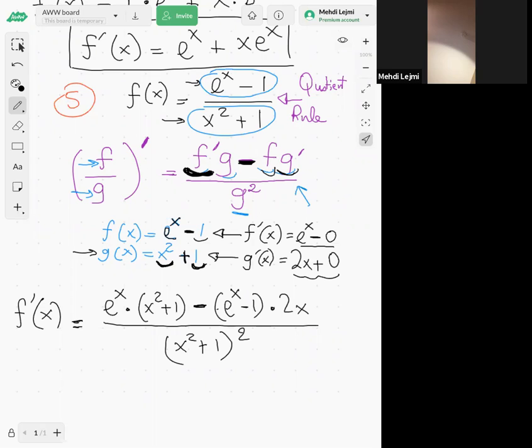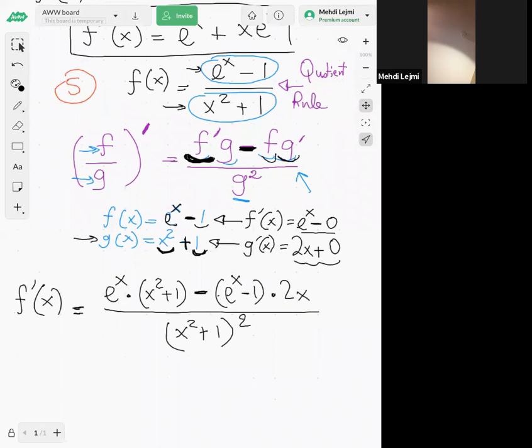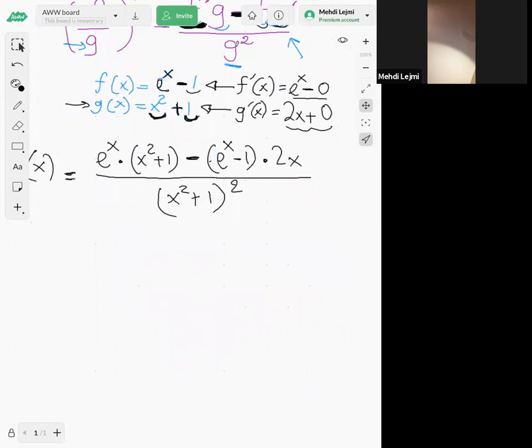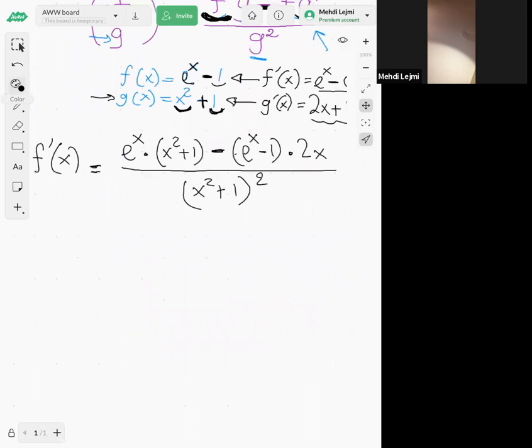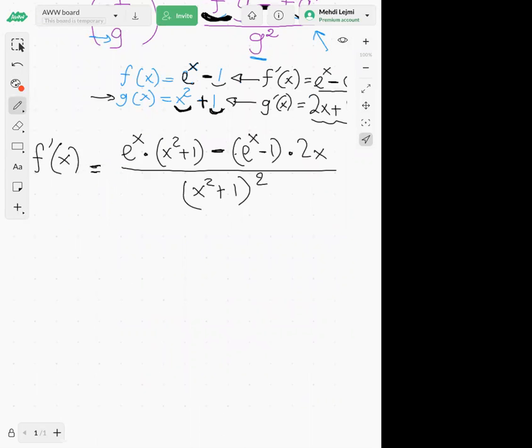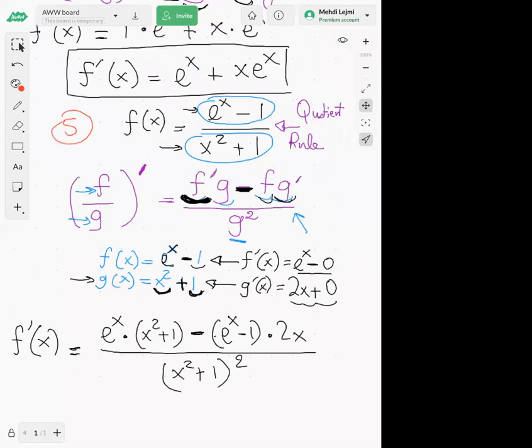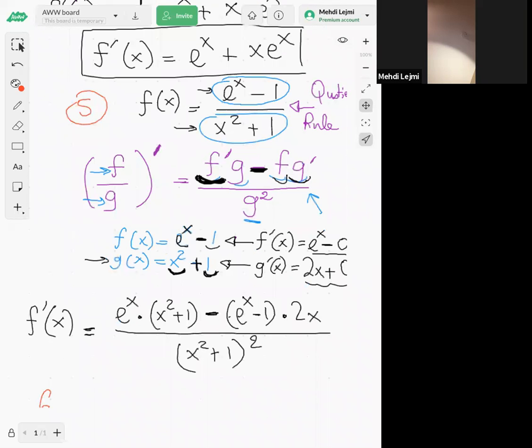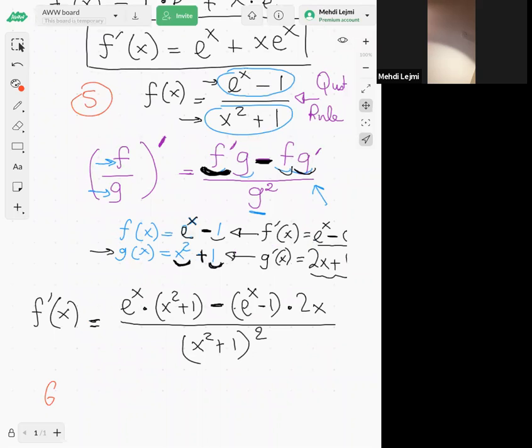One more example, and then I'm going to give you an exercise. So let's move to example number 6. Oh, I got a question. Yeah, please. We don't need to simplify it? Yeah, you can try to simplify, but the thing here is there will be no simplification, even if you distribute.